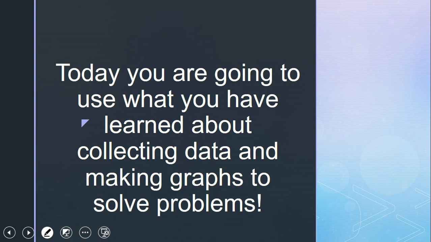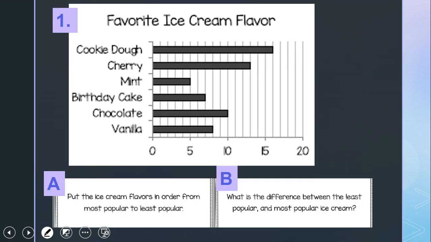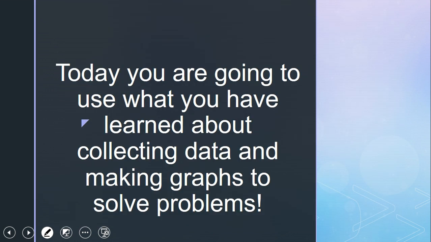So today you are going to use what you've learned about collecting data and making graphs, and you're gonna solve some problems, okay? So in your home learning journal, or just on a piece of paper, you can put using graphs to solve problems as your title, okay? So you can't see that. Let me write it out for you. No, you can't see that either. I'm failing.